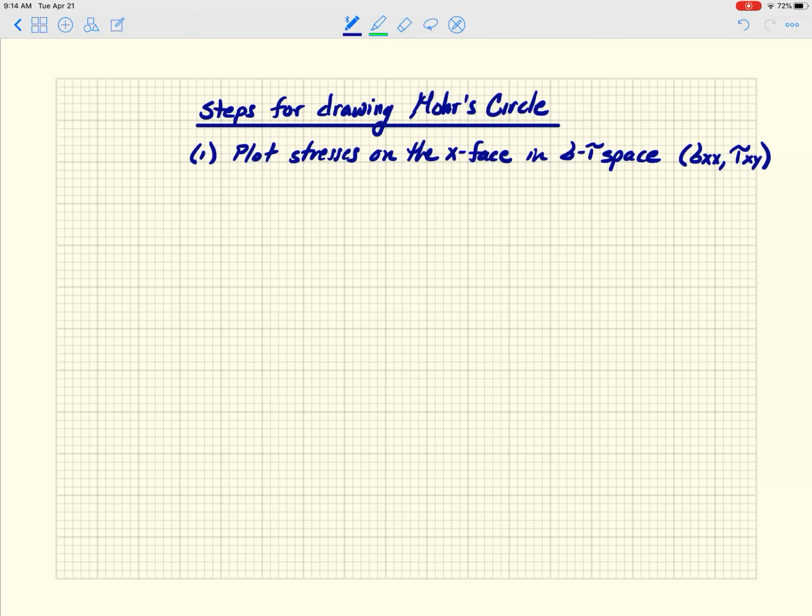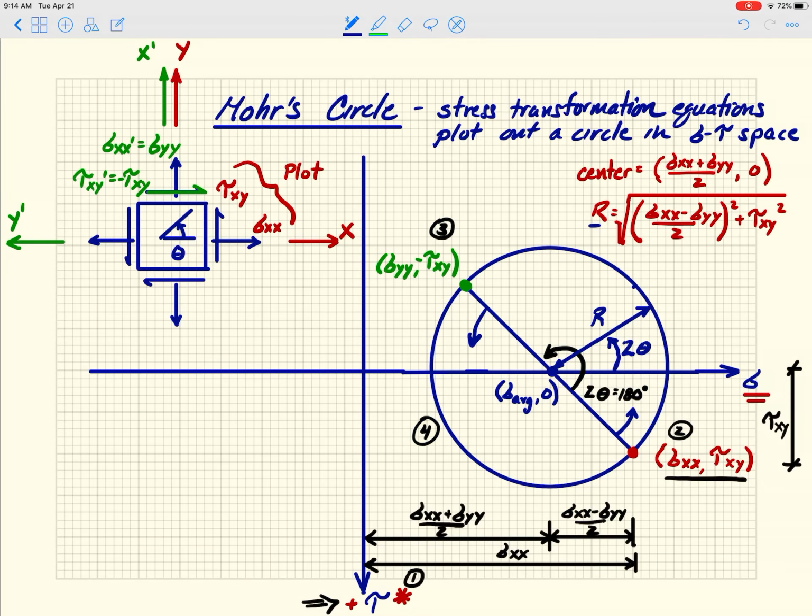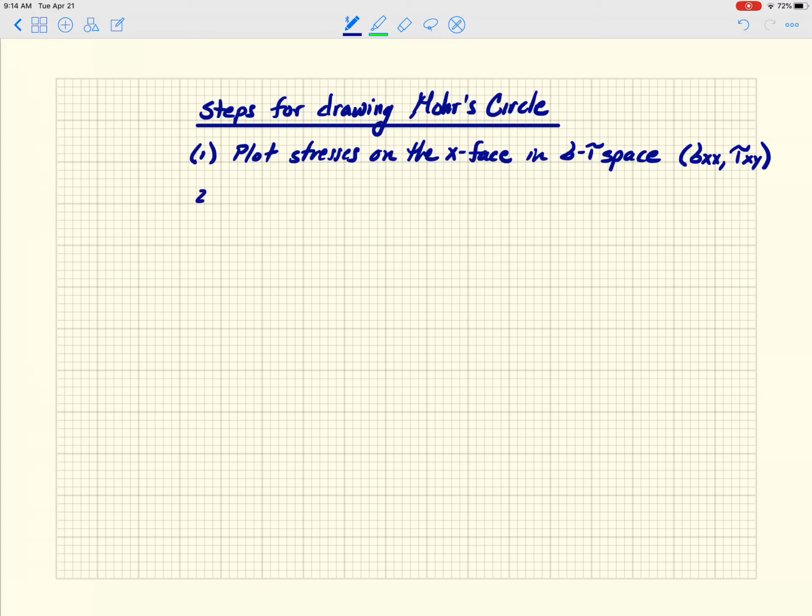Okay. So step one is we plot the stresses on the x face. Right? So these are, and I'll say in sigma tau space, sigma xx, tau xy, right? So that is the red point here.